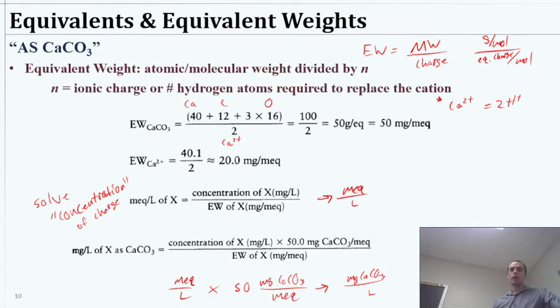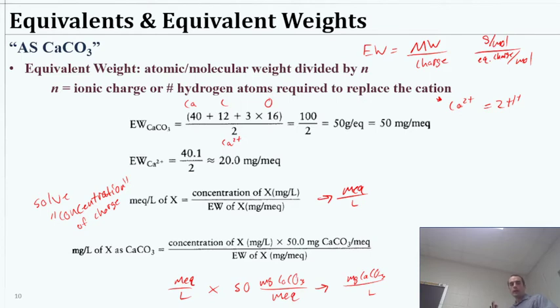So that would be 100 divided by 2, which is 50 grams per equivalent of charge, or 50 milligrams per milliequivalent. Equivalent meaning an equivalent number of moles of charge. Whereas the equivalent weight of just Ca2+ would be the atomic weight of calcium, which is 40.1, divided by the 2 for the charge. So that would be 20 milligrams per milliequivalent.